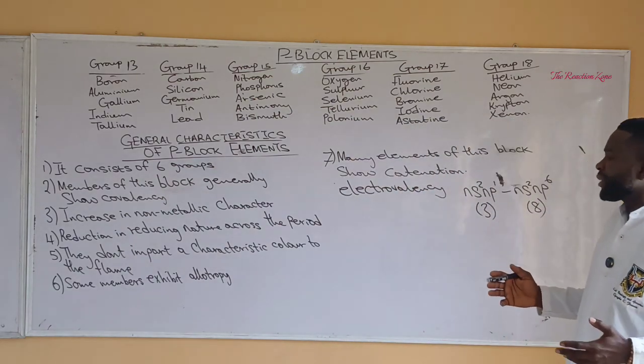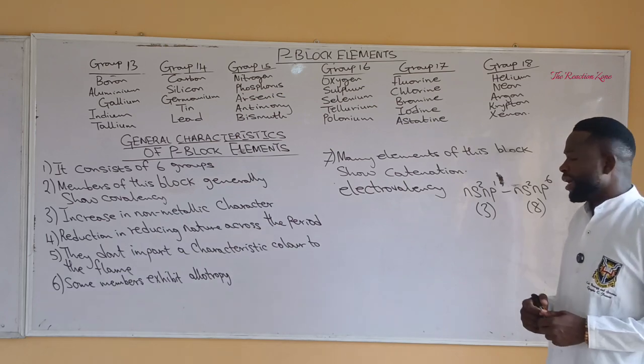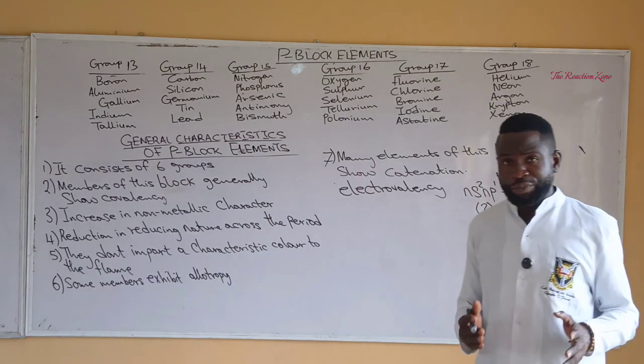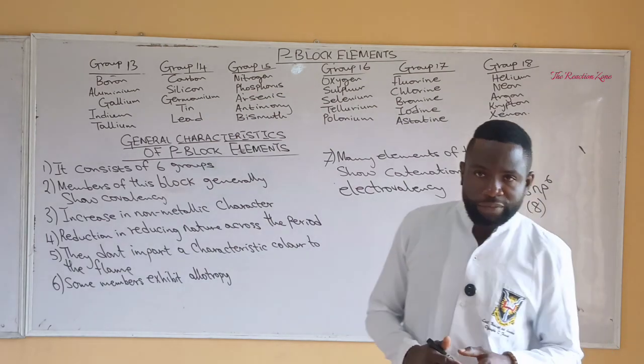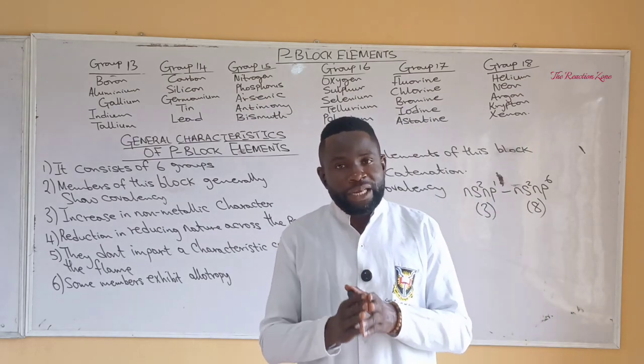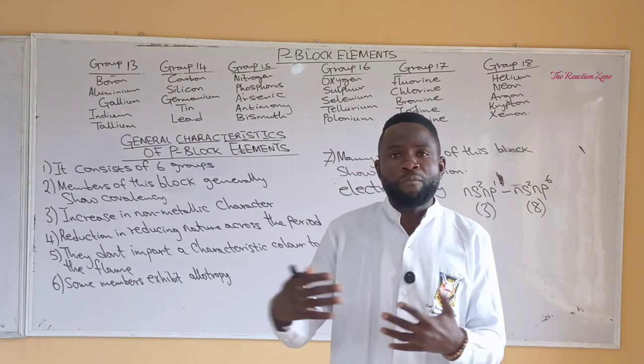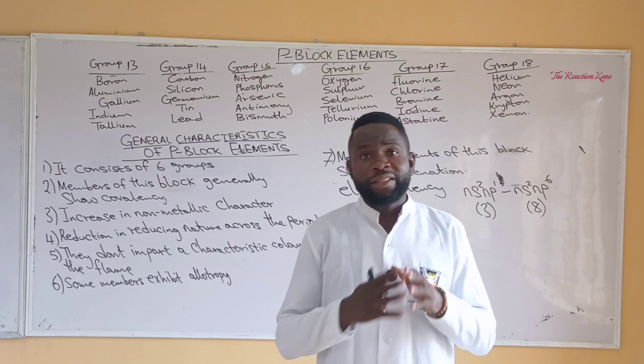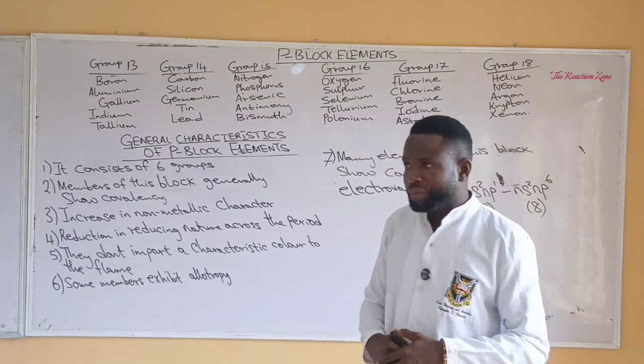Also, some members of P block elements exhibit allotropy. Allotropy is the existence of an element in 2 or more different forms in the physical state.